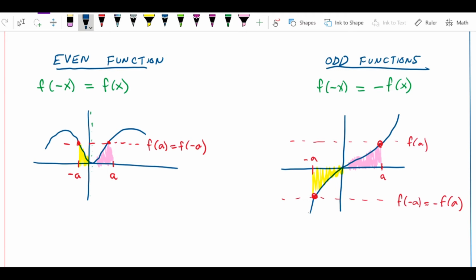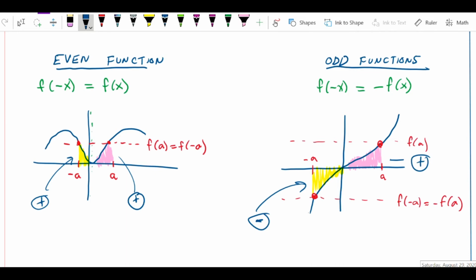But the integrals, in the case of the even function, since the function lies entirely above the x-axis in this case, we're getting a positive integral for the yellow part and a positive integral for the pink part, whereas for the odd function, we're going to get a negative integral for the yellow part and a positive integral for the pink part.